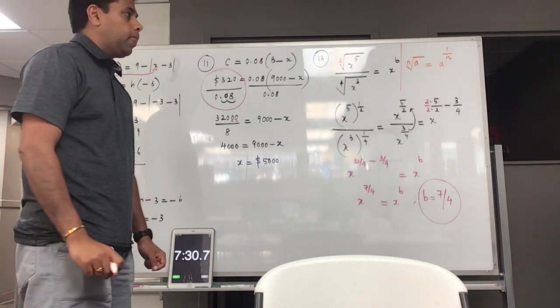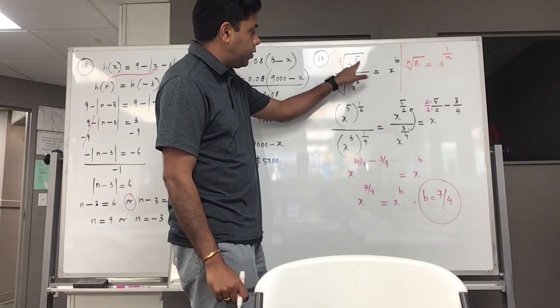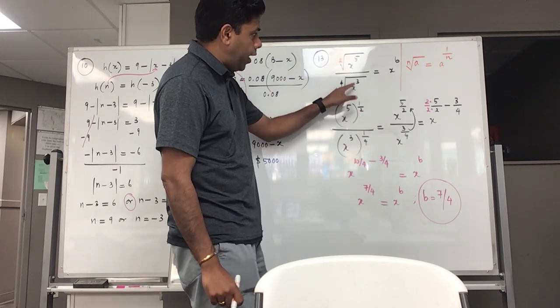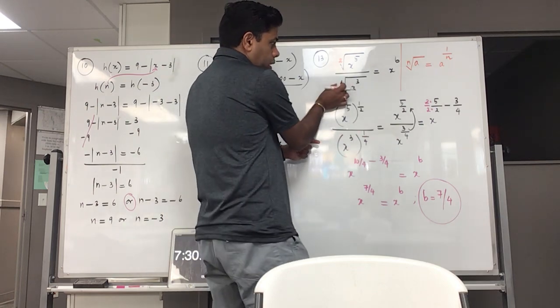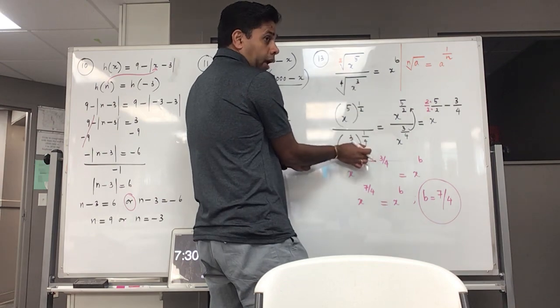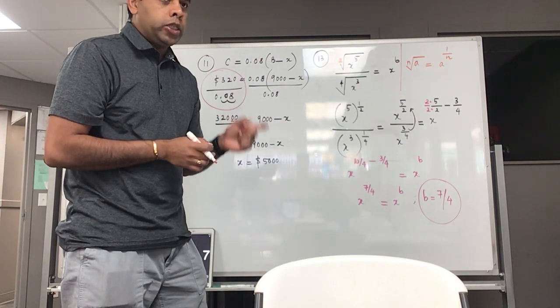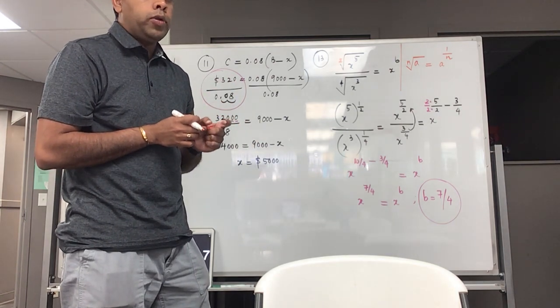All right? So that's what I'm going to do here. x raised to 5, raised to half. Same thing here: you have the 4th root of x cubed, raised to 1/4, because this radical is now an exponent. So always remember the relation between an exponent and a radical. A radical is nothing but an exponent with a numerator of 1.